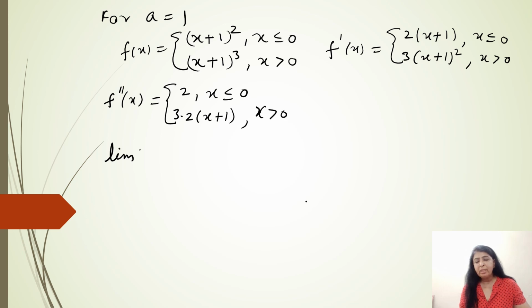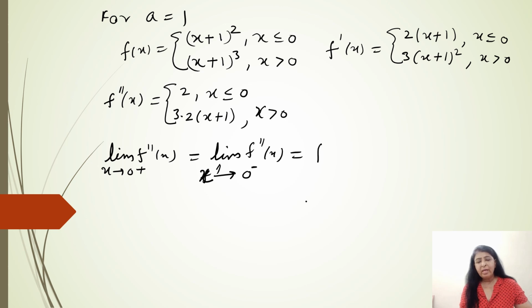So limit f double dash x when x approaches 0 positive, which is equal to limit f double dash x when x approaches 0 negative, and which is equal to f double dash 0. So when x is positive, this is 6, when x is negative, this is 2 and f double dash 0 is 2.